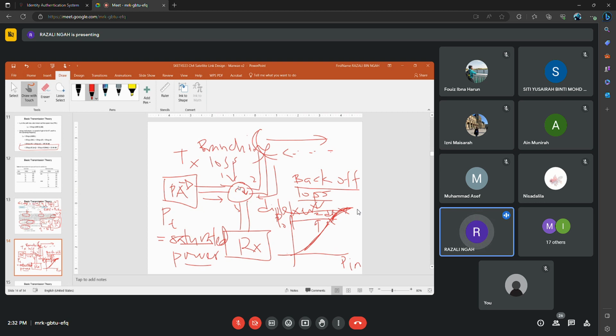So this duplexer can contribute a certain amount of loss. We call it branching loss. And then the transmission line normally depends on the power: if we have high power, we need to use a waveguide. So the waveguide also can contribute a certain amount of loss. We call it feeder loss.